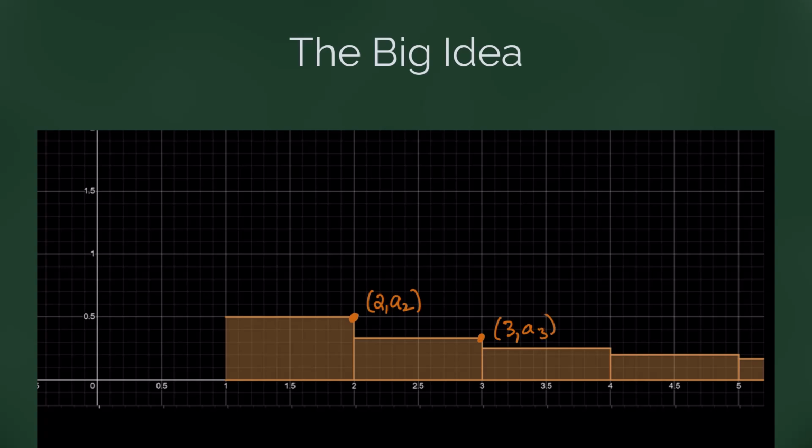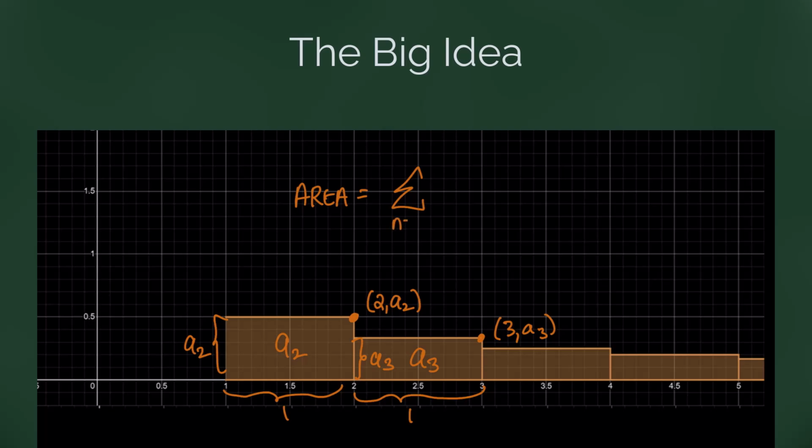But now notice, while our rectangles still have bases of 1, their heights are given by their right-hand endpoints, so that the area of the first square is a sub 2, the area of the second square is a sub 3, and so on and so forth. We can then see that our area here represents the sum from n equals 2 to infinity of a sub n.